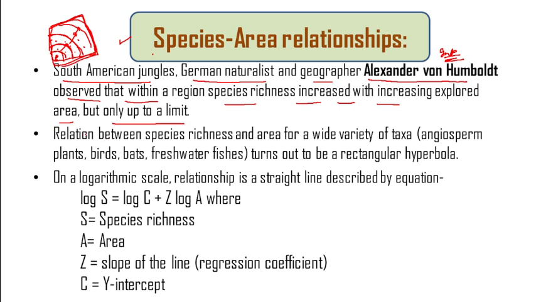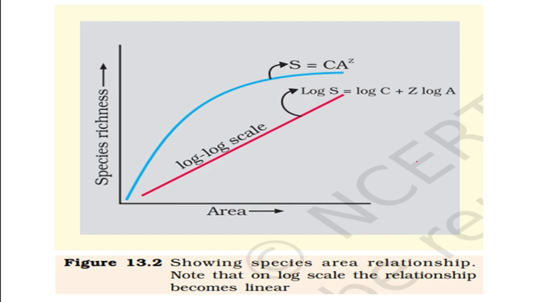That means we would be able to find only those many species which are present in that area. The relation between species richness and area for a wide variety of taxa, angiosperm plants, birds, bats, freshwater fishes, turns out to be a rectangular hyperbola. What does it mean? I'll show you, this shape is called a rectangular hyperbola.